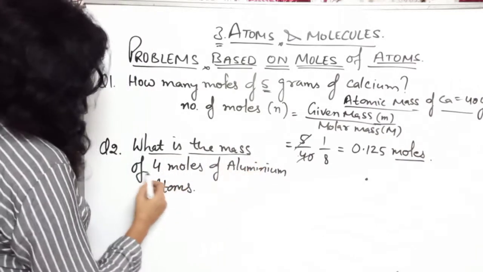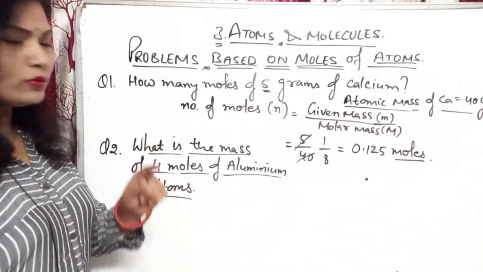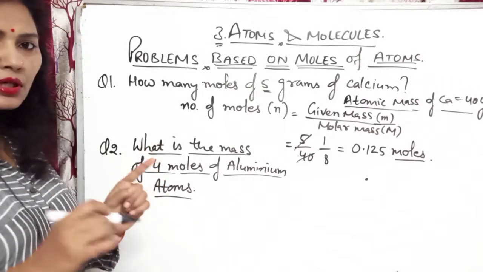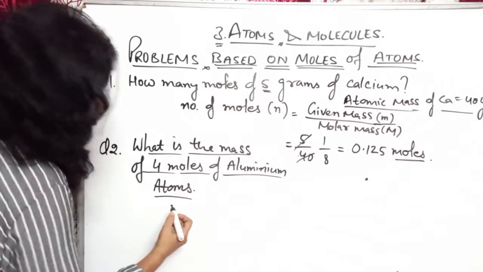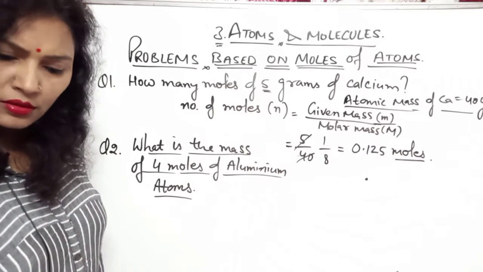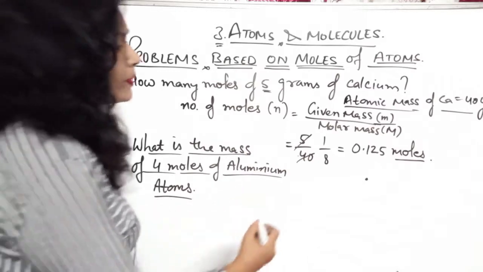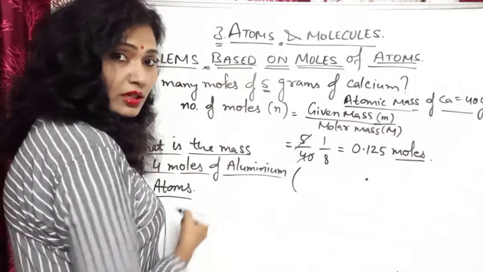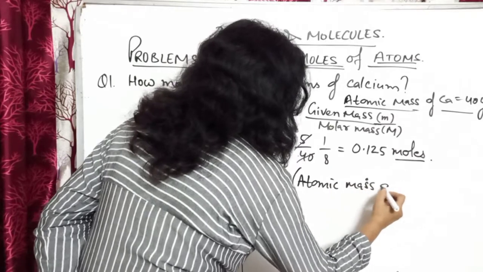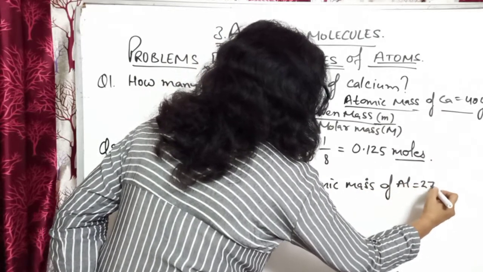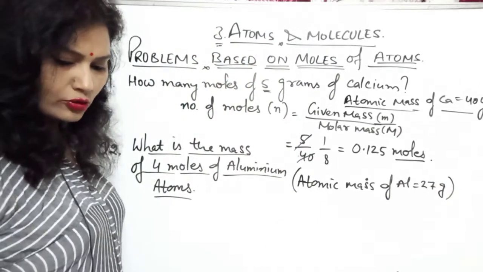You know that 1 mole of aluminum atoms is equal to the atomic mass of aluminum. The atomic mass of aluminum will be given in the question. So, you can write the atomic mass of aluminum equals 27 gram.